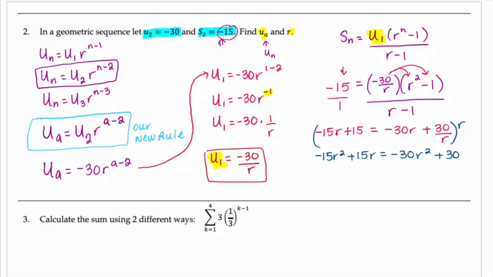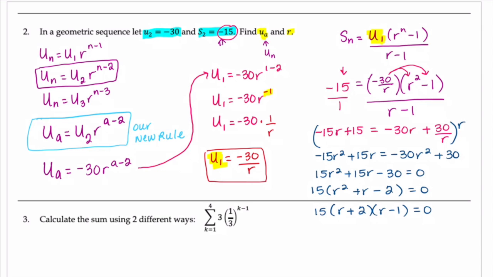At this point, our goal is to get everything over to one side so we can somehow factor. And let's use our factoring skills to solve for r. So I get r is equal to negative 2 or r is equal to 1.